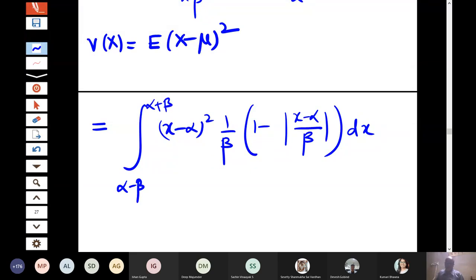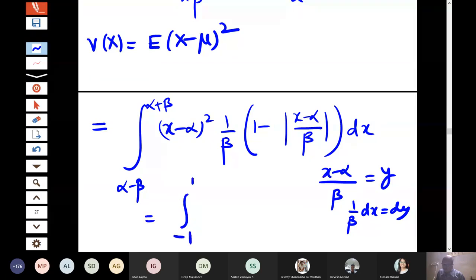So from the expression itself, you can easily understand that you can substitute (x minus alpha) by beta equal to y, that is 1 by beta dx is equal to dy. Then this is nothing but the integral from minus 1 to 1 of y square (1 minus mod y) dy.